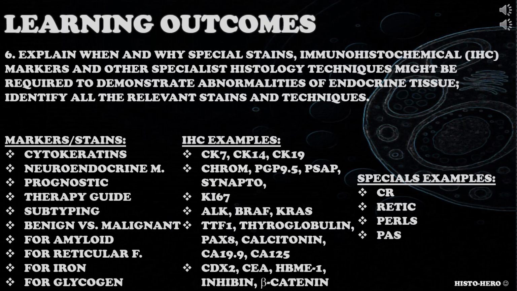Special stains like Congo red for amyloid, PAS for basement membrane, glycogen, neutral mucins, Perls for iron overload, retic for reticular fibers.